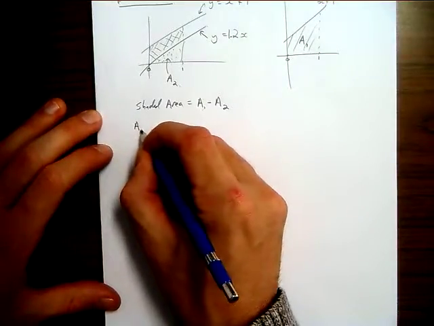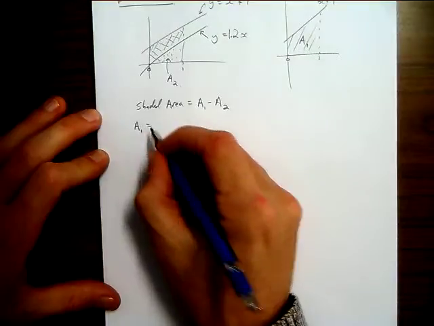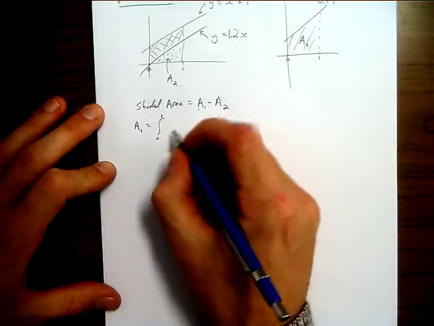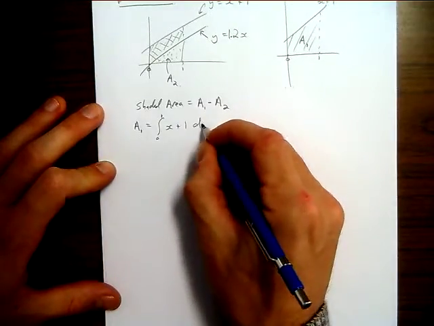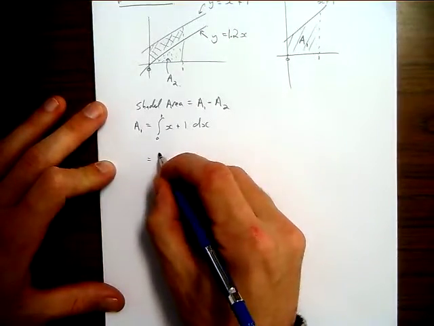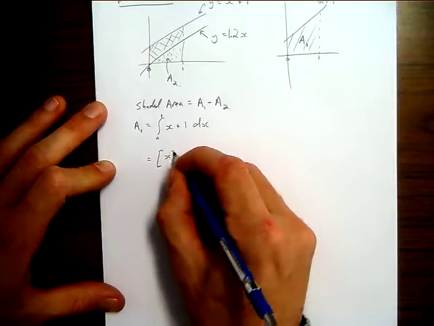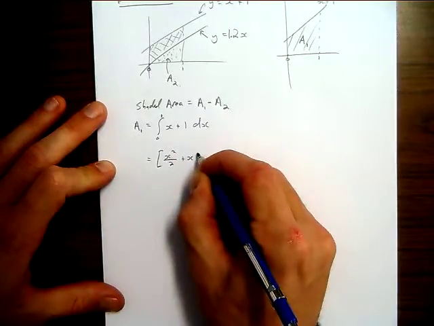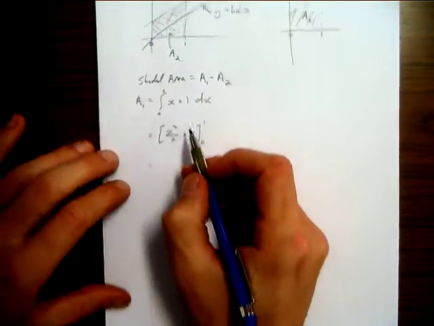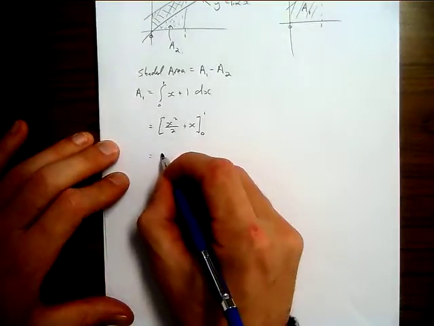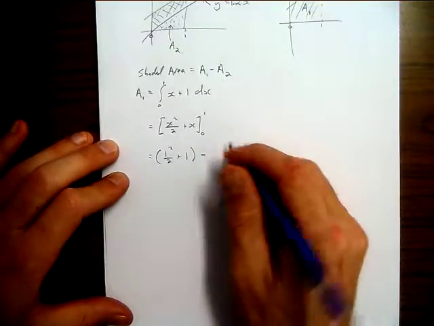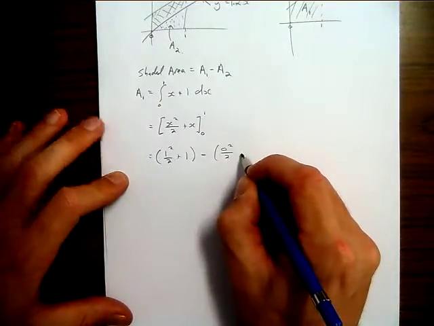What are our bounds for our integral? 0 to 1 of x plus 1 dx, which is going to be our integral of x plus 1, x squared on 2 plus x from 0 to 1, which is 1 squared on 2 plus 1 minus 0 squared on 2 plus 0.